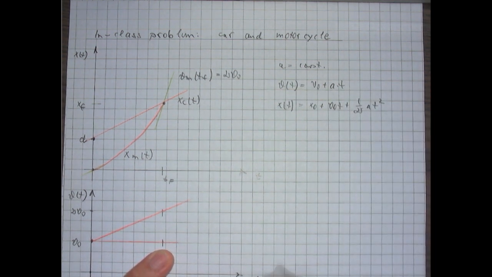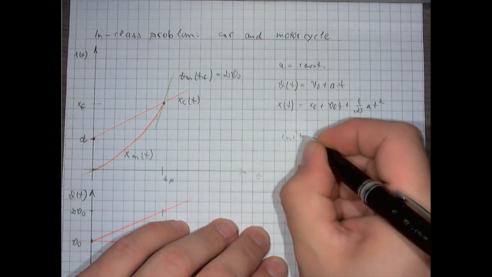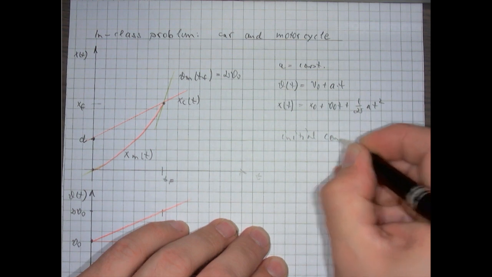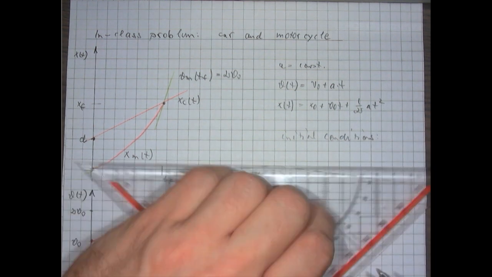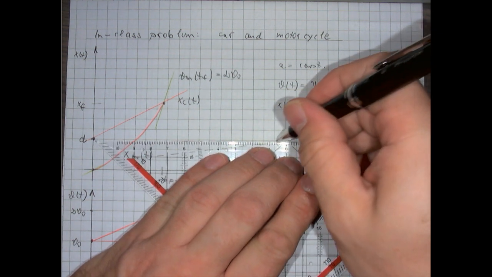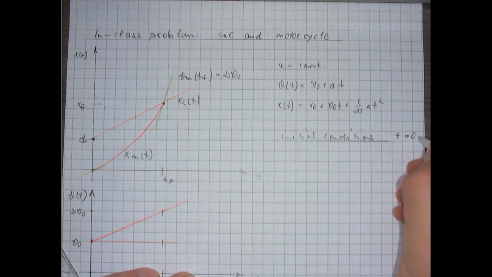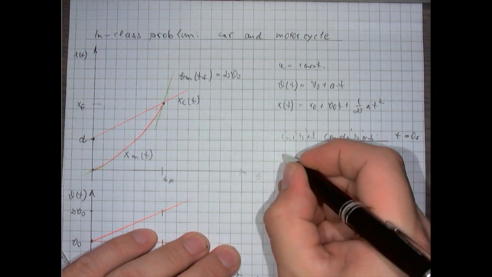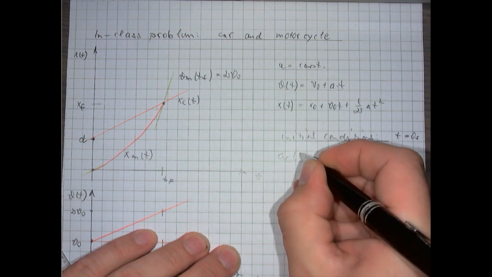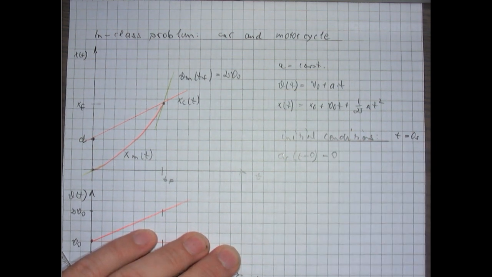So therefore now let's formulate the initial conditions first. So what do we know about this? At t equals 0. So let's first do this for the car. So the acceleration of the car at t equals 0 is 0 and remains like that.